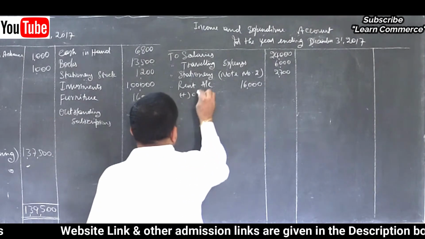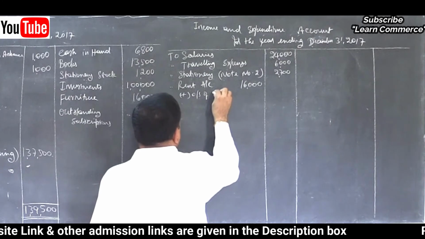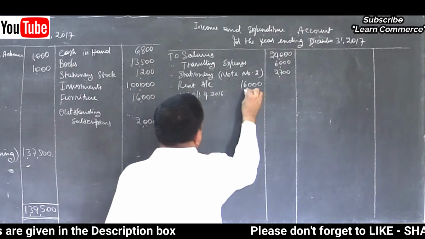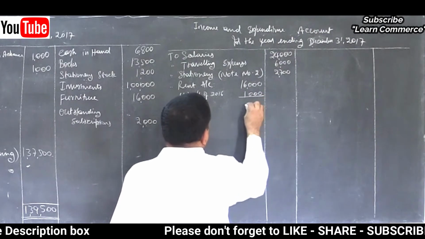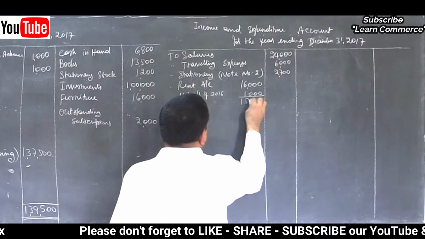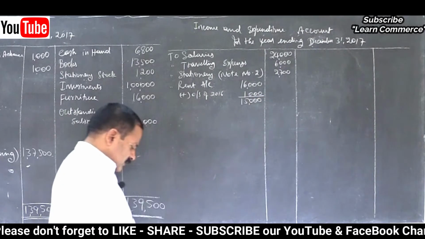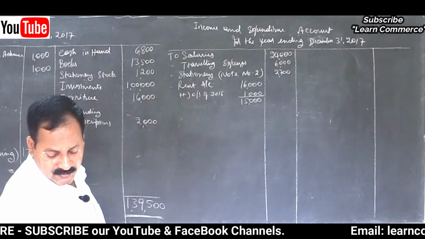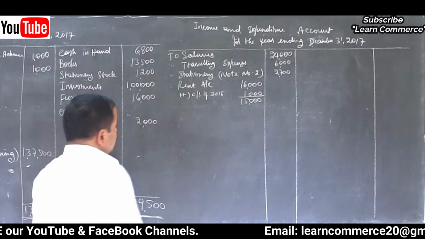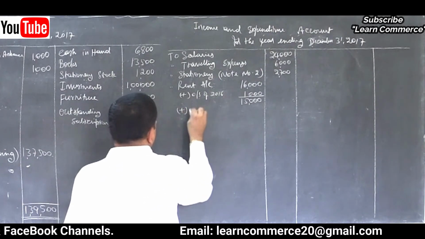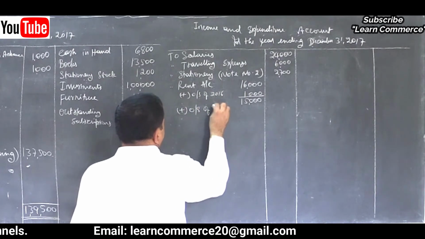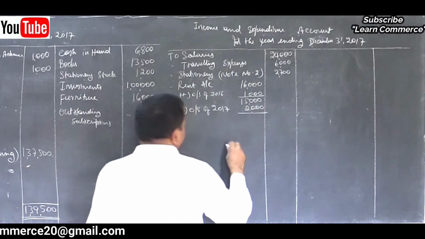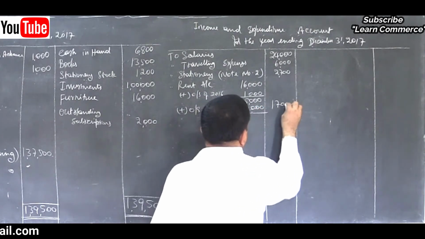Outstanding of last year, 2016, 1000, deduct it, 15,000, correct? Then outstanding of the current year 2017, 2000, add, together it will be 17,000.